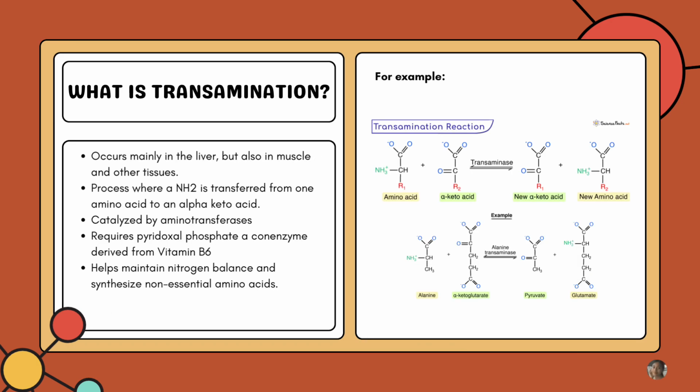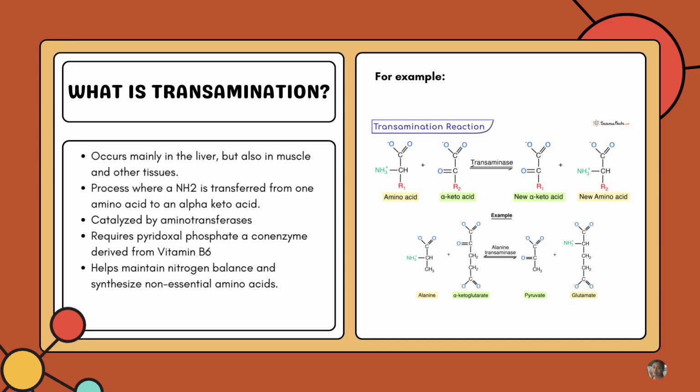Okay, so to understand this in an easier way, think about transamination as the first step in breaking down amino acids. This is basically the first transfer or trade-off. You have an amino acid and you need to get rid of its nitrogen group.